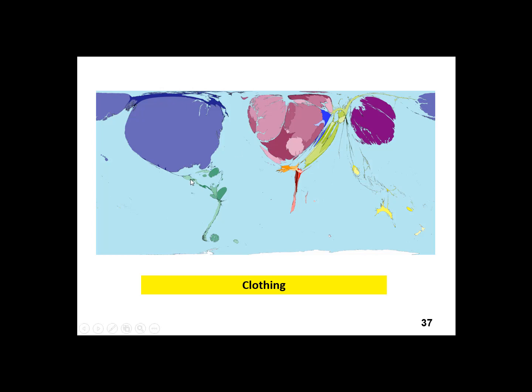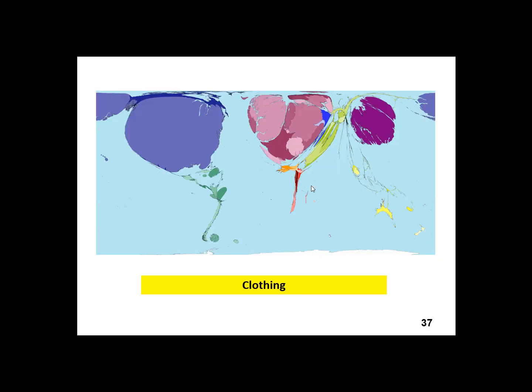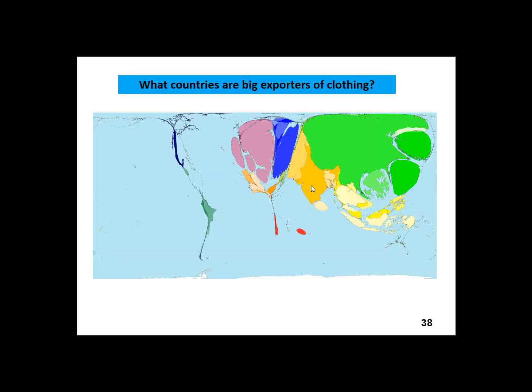Okay, and when we look at the countries that aren't importing clothes, you'll see in a second here that those are the countries exporting clothes. So check out China and a lot of the countries in Southern Asia and the South Pacific, and check out India. Those are countries that are producing clothing and exporting them to these countries. So we have imports, exports, imports, exports.